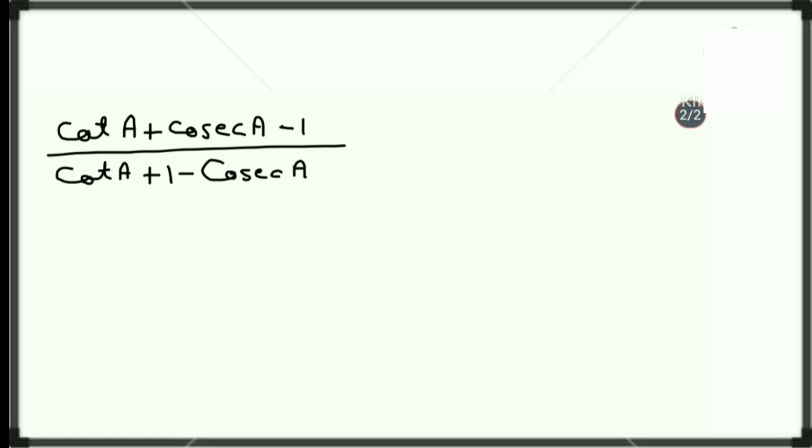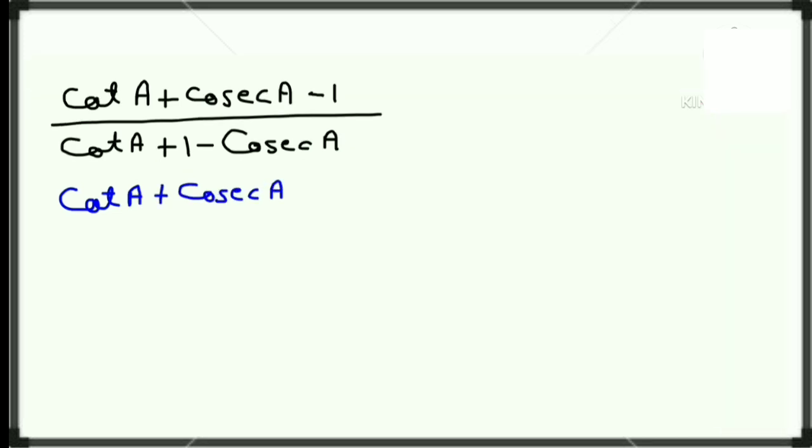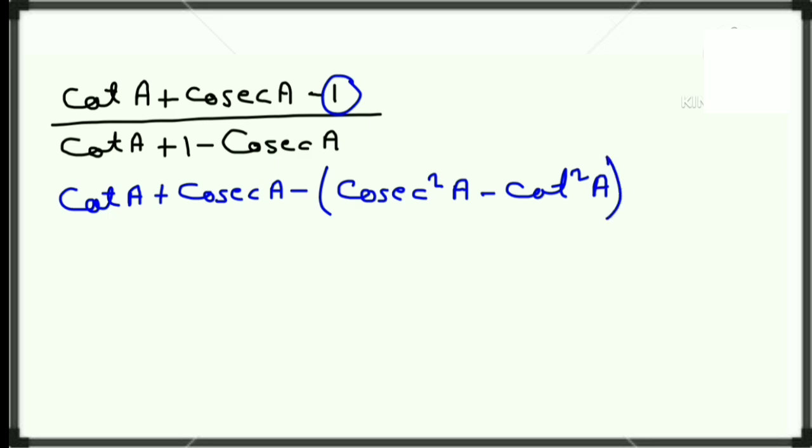Okay, now cot A plus cosec A minus, and in place of 1 we can write cosec square A minus cot square A. How did it come?